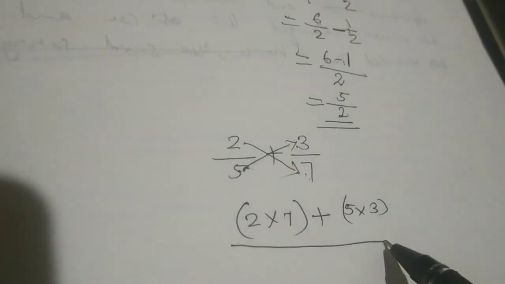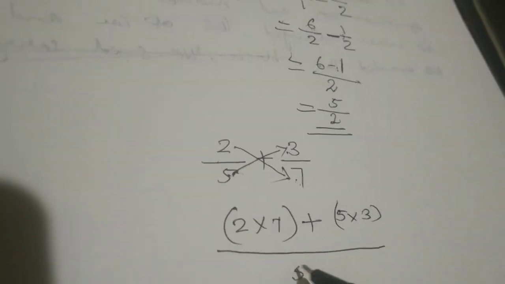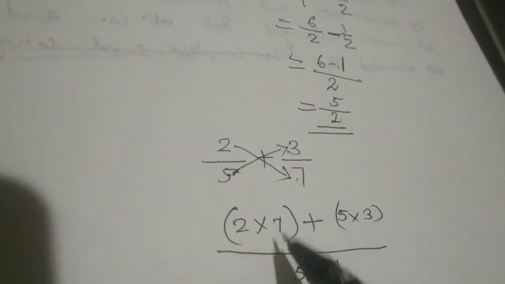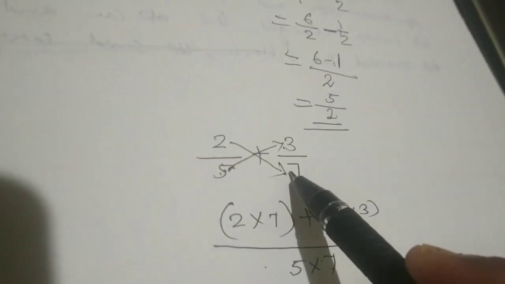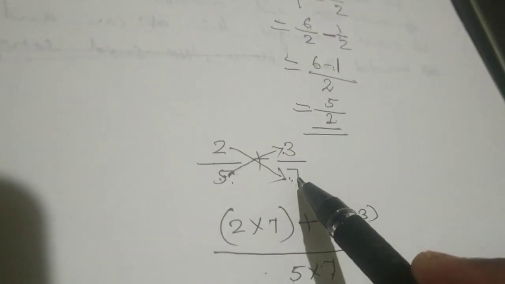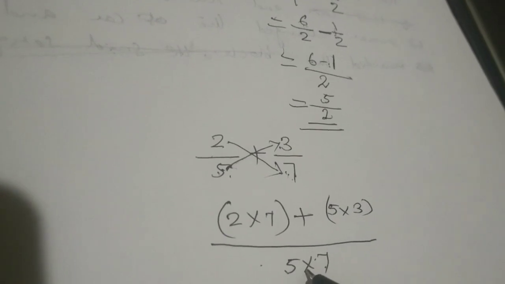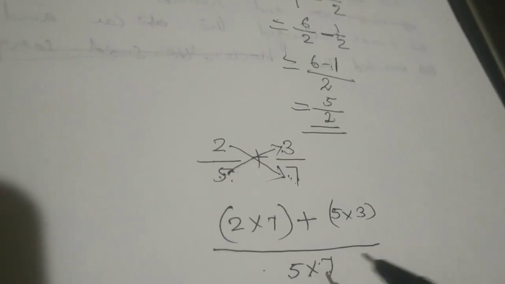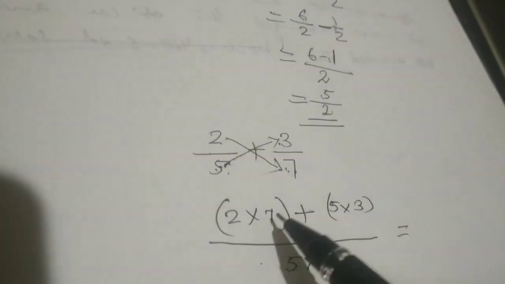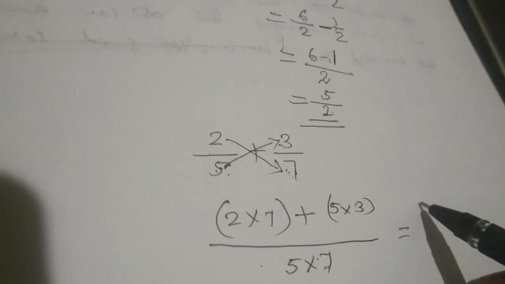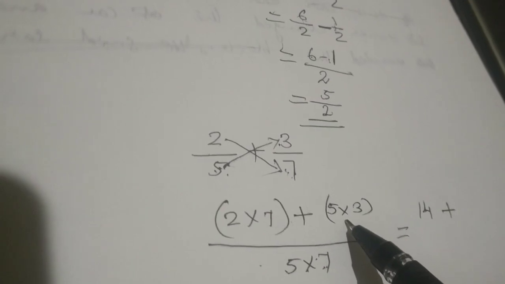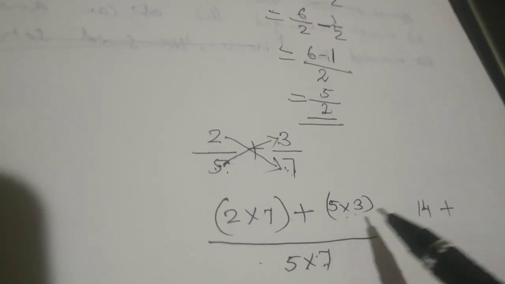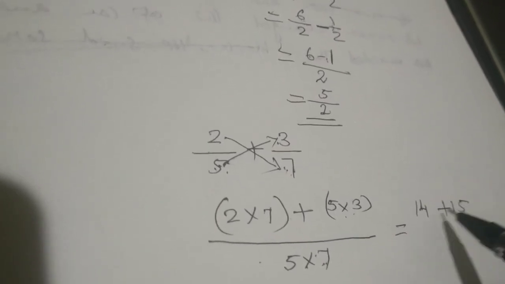The whole divided by 5 times 7. 5 and 7 are the denominators, so multiply the two numbers for the denominator. 2 sevens are 14, plus, first we have to do the bracket, 5 times 3, that is 15.